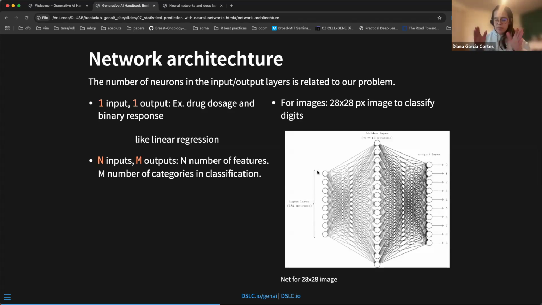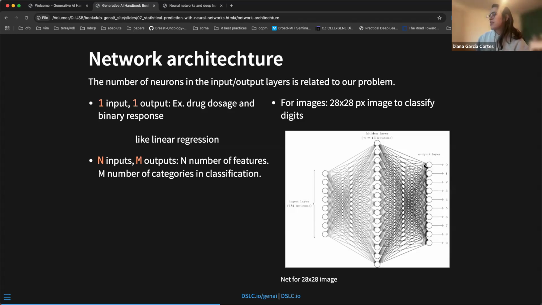This is a very classic problem where we will have a 28 by 28 pixels image, and we want to use that image to classify digits.